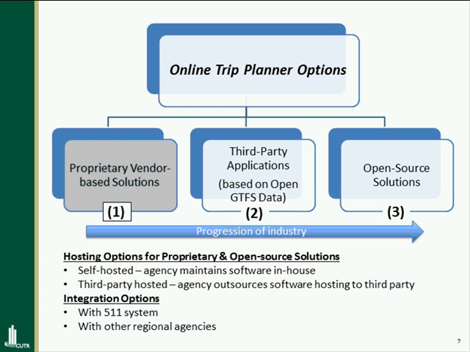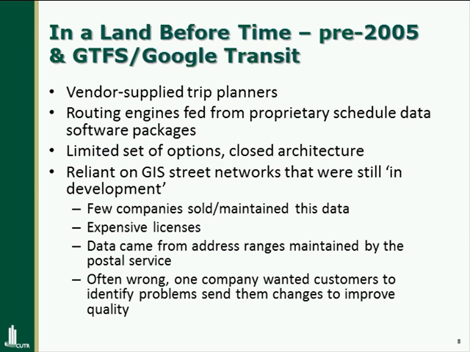So yes, this is Justin, and I want to talk to you a little bit about what might be considered the history of, for a lot of people, the land before time, as you might call it, or anything before really 2005, going back about 8 years now. There were trip planners out there before Google.